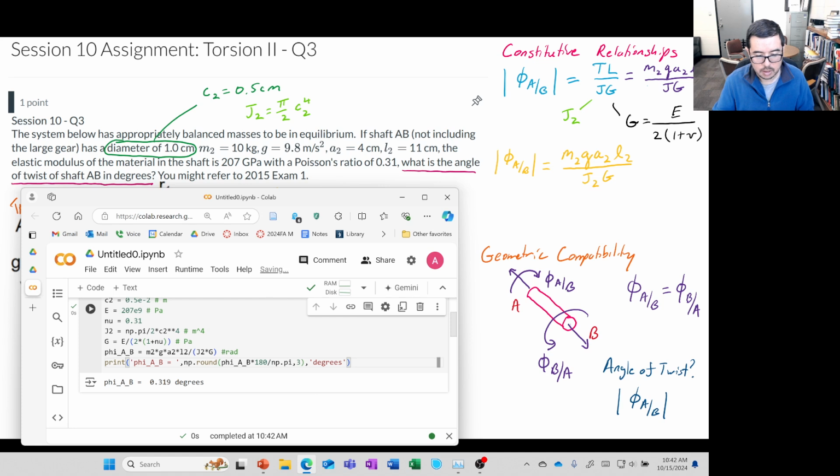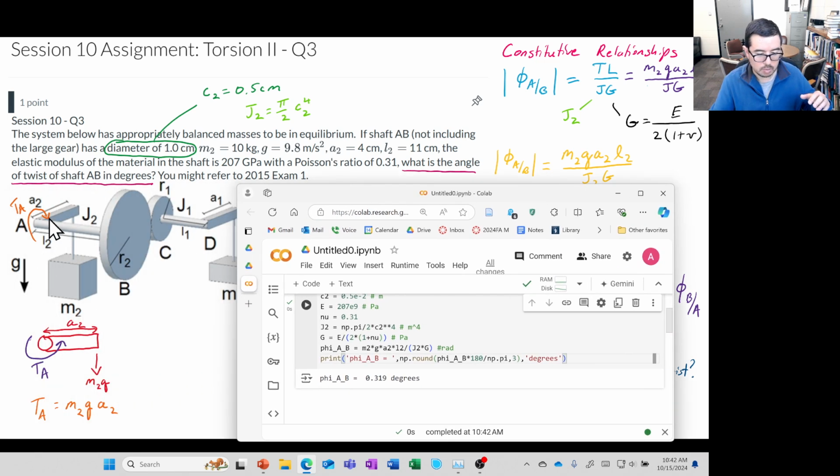We've got a 10 kilogram mass, so we're talking about 100 newtons out only 4 centimeters, so A2 is pretty small. It is a somewhat lengthy shaft, but it has a decent diameter. It's not that hefty, but it's 1 centimeter in diameter. So this physically makes sense, especially if we're thinking that this rod is probably something like steel.